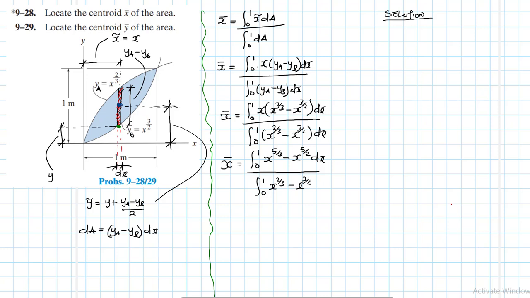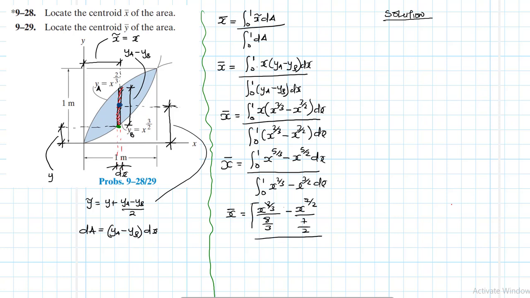Okay, and then we do the integration. If we do the integration, we are going to have the following. This one becomes x to the power 8 over 3, divided by 8 over 3, minus x to the power 7 over 2 divided by 7 over 2.